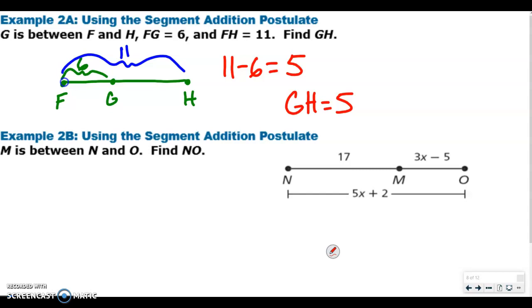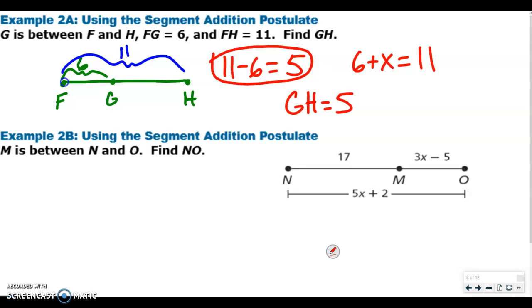Another way I could write that, 6 plus X equals 11. We just subtracted the 6 to the other side. So we're still using that segment addition postulate, even though I was using subtraction. I just jumped a step there.